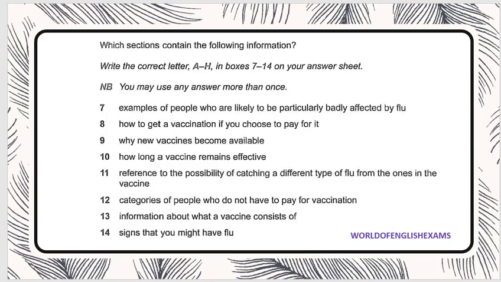That means certain people are at greater risk of getting flu when compared to the rest of the crowd. That's what is being asked here. So which paragraph is talking about those categories of people who might be at greater risk of catching the flu?